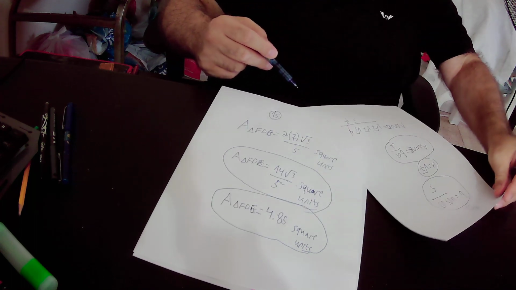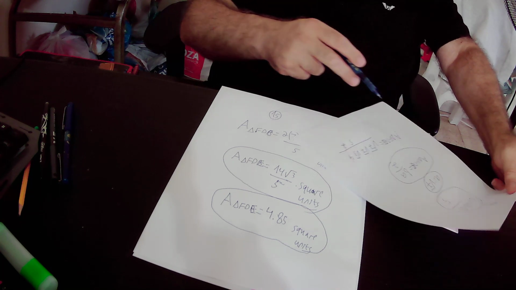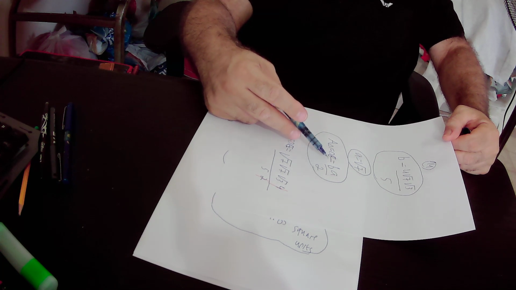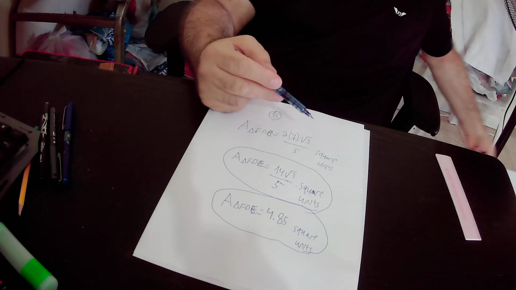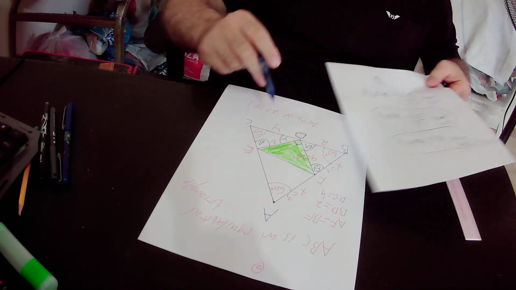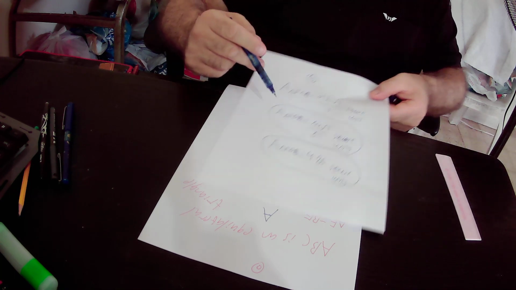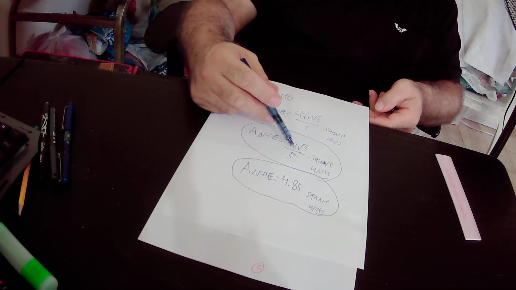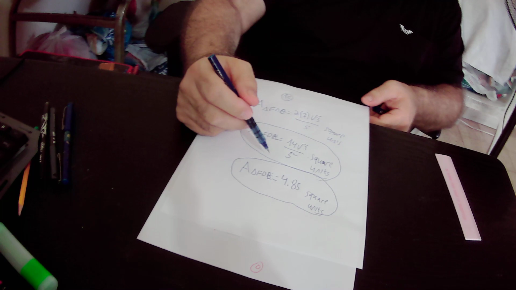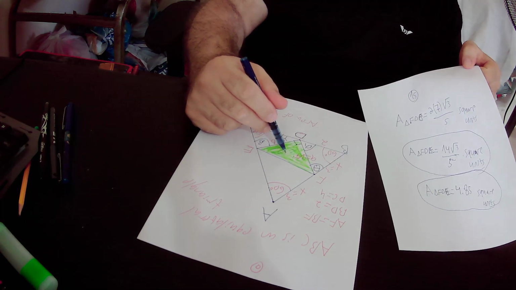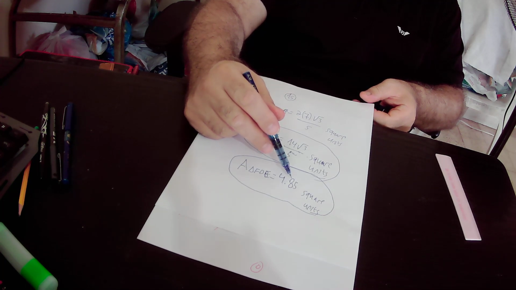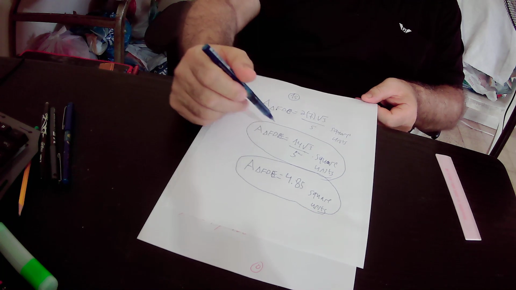So we put the values of A and B in the formula for the area of the green triangle, that is A times B over 2. And we found out that the area of the green triangle FDE equals 14 times root 3 over 5 square units, or in terms of numbers, the area of the green triangle FDE equals 4.85 square units. Okay, thank you very much.